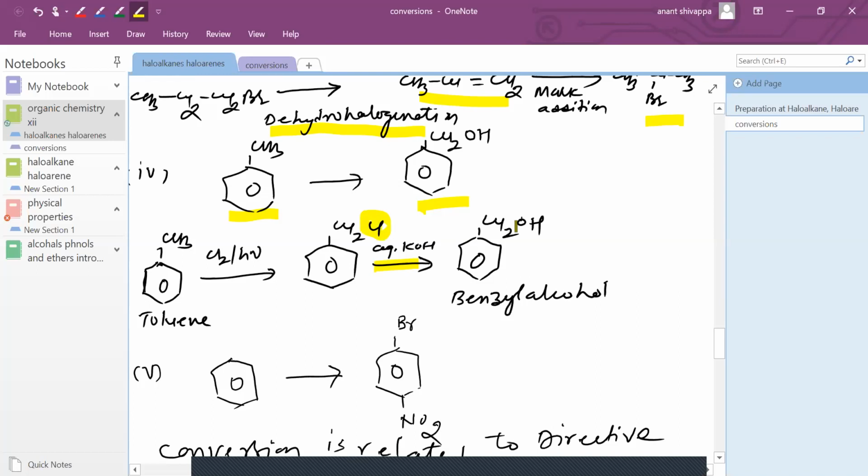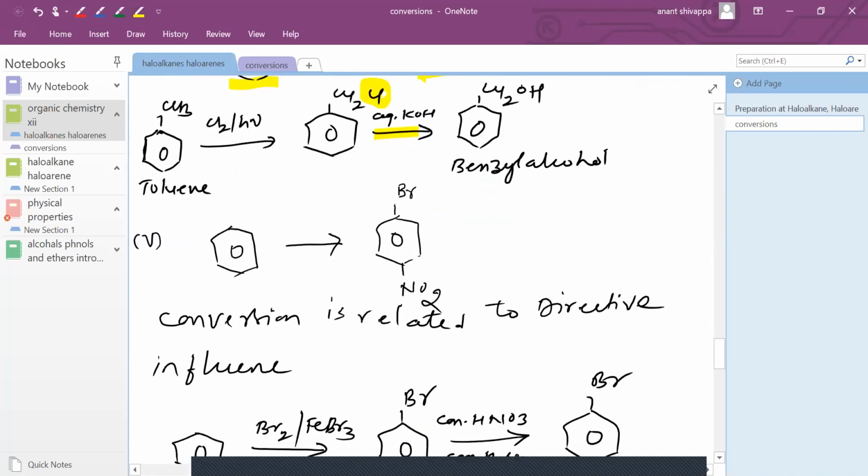Remember, you studied in haloalkanes, aromatic hydrocarbon is reluctant to give nucleophilic substitution reaction. So here, side chain free radical substitution plays a very important role in replacing hydrogen by chlorine first and then by OH.